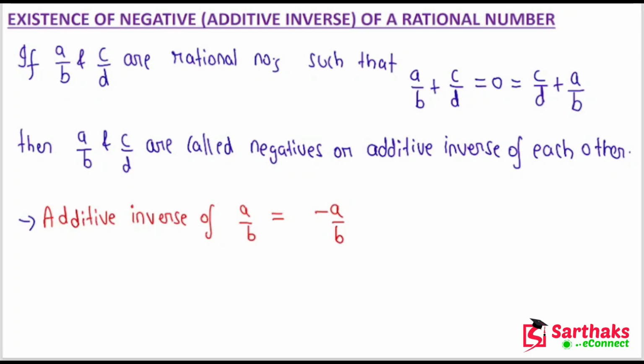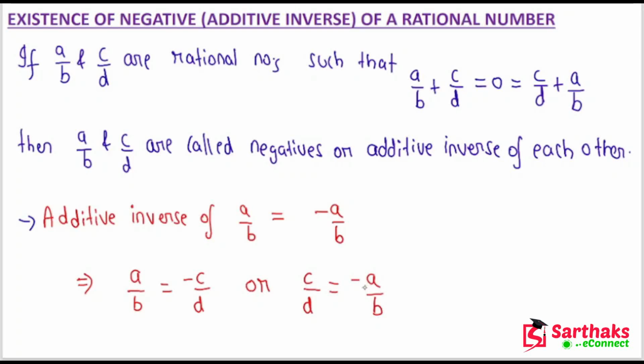So as we said that a upon b and c upon d are negatives of each other, here we have a upon b is equal to minus c upon d, right? That is, a upon b is negative of c upon d, or you can write c upon d as minus a upon b. That is, c upon d is negative of a by b.